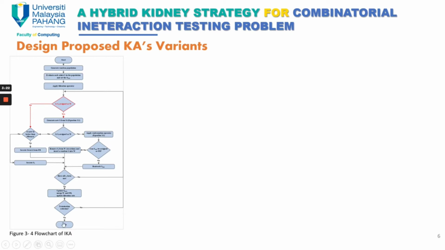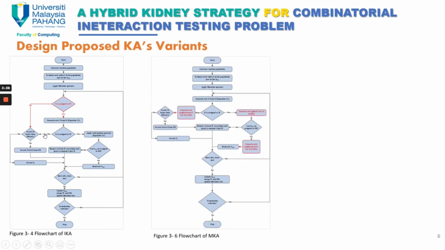Here we improve the kidney algorithm by introducing a new conditional control. It is called the improved kidney algorithm, but this improvement has a limitation: its solutions will not be better than the original kidney. So we introduce a new mutation kidney algorithm by introducing new operations in two places here and also in this part by replacing the equation here.